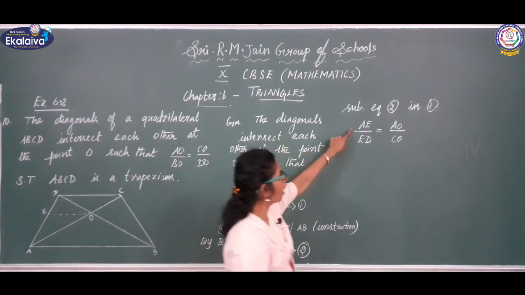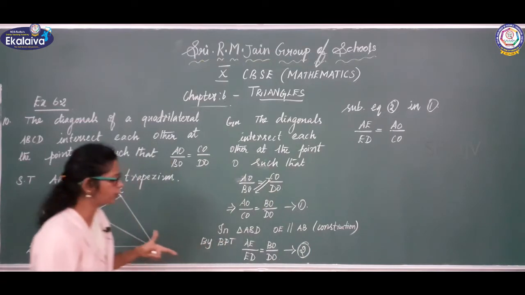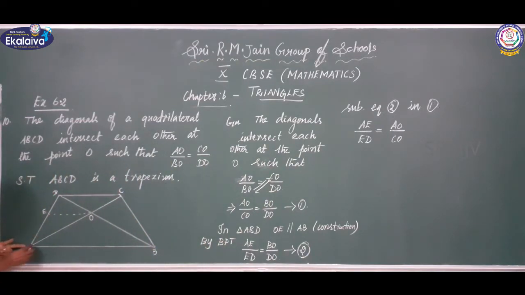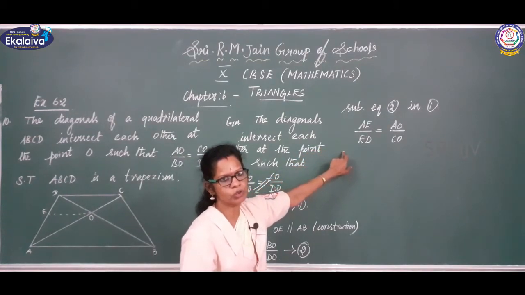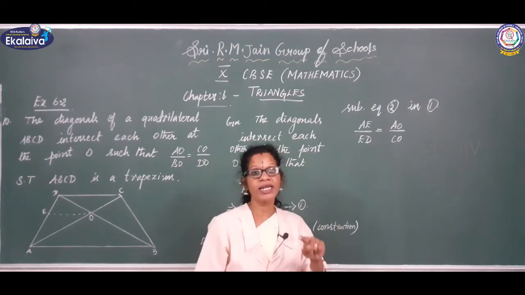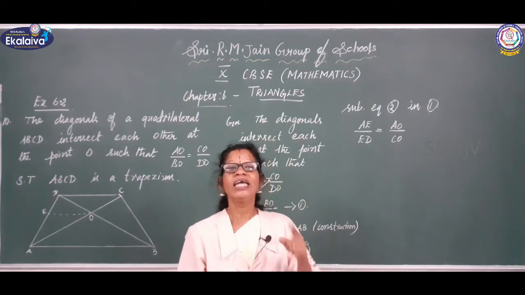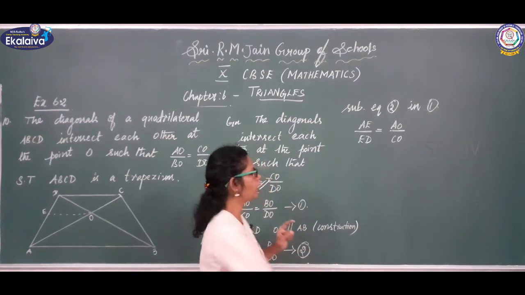Now you see, AE by ED equal to AO by CO means come to the triangle ACD. If the ratios are equal, that means you are going to use the converse of BPT. If a line divides any two sides of a triangle in the same ratio, then the line is parallel to the third side, right?